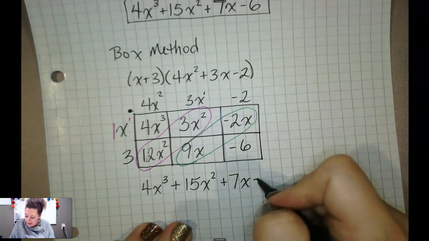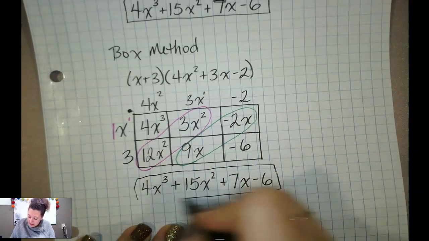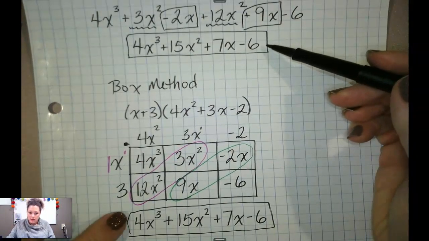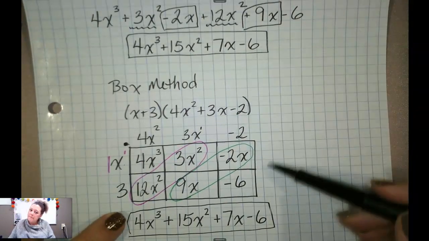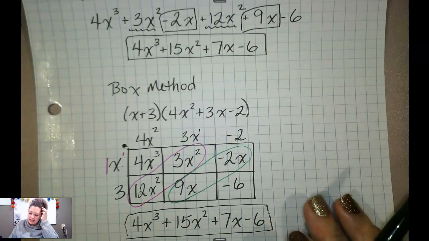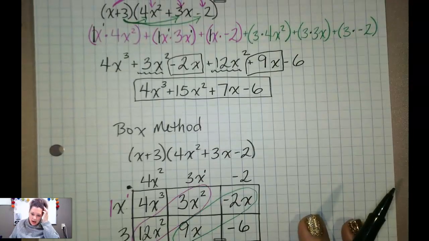And then at the end, we have negative 6. If I remember correctly, we got the same answer, maybe a little bit quicker down here with the box method. It looks like it's a lot less work.